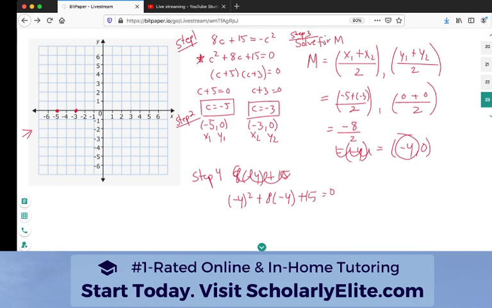I don't know why on my calculator it's coming out weird. Oh, damn it. Minus 32 plus 15. See, but the thing is that it shouldn't equal that, so I don't know why it's coming out crazy.